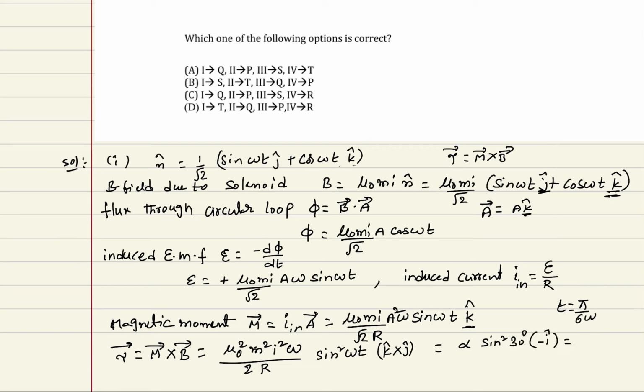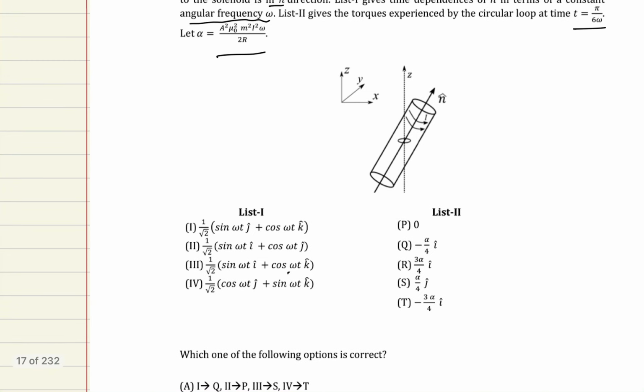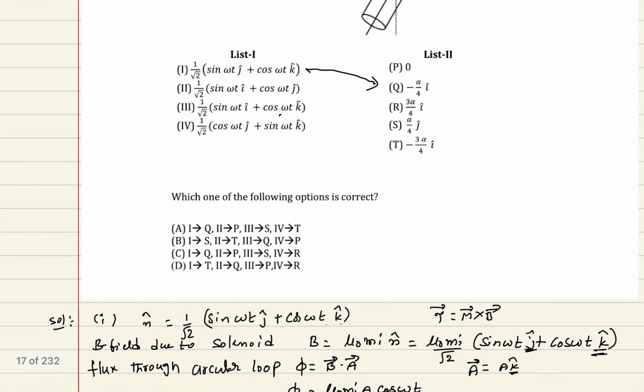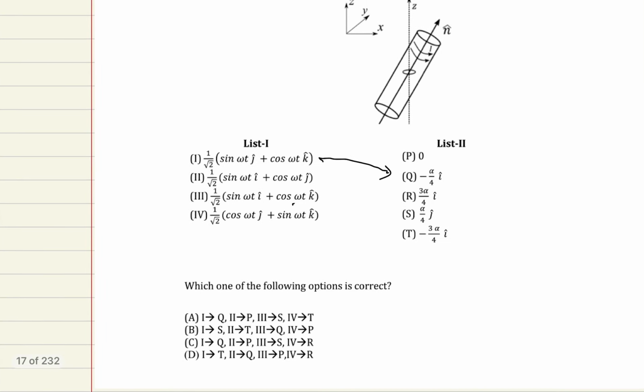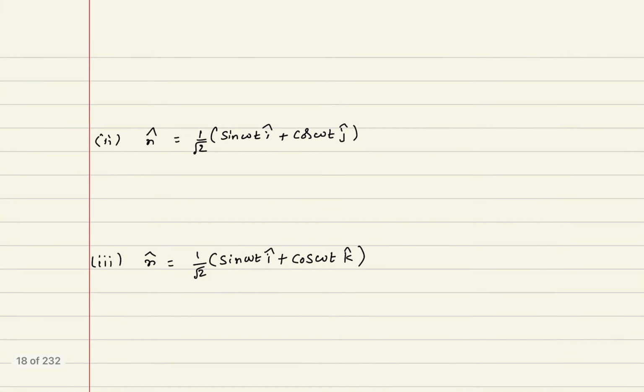K cap cross j cap is minus i cap. So we get alpha times 1 by 4, that is minus alpha by 4 i cap. So the first one matches with Q.